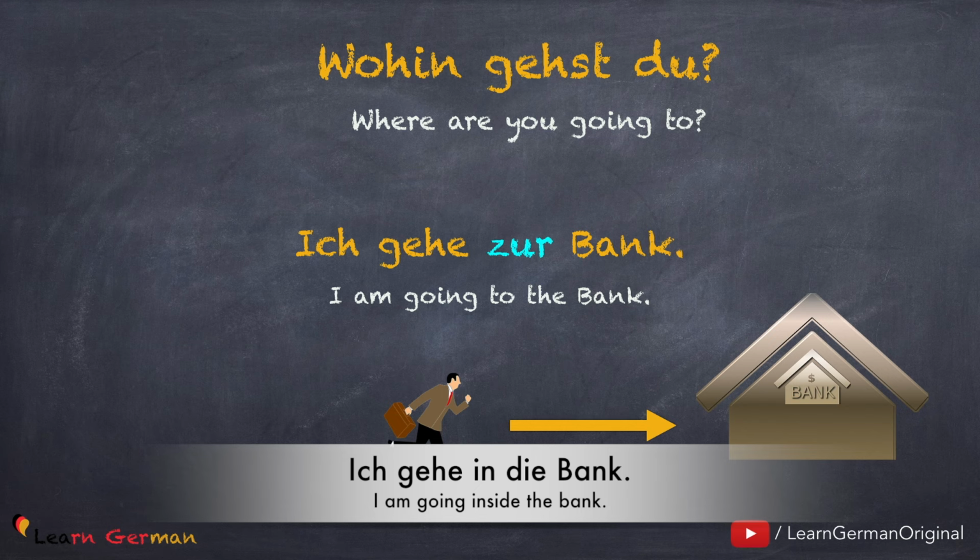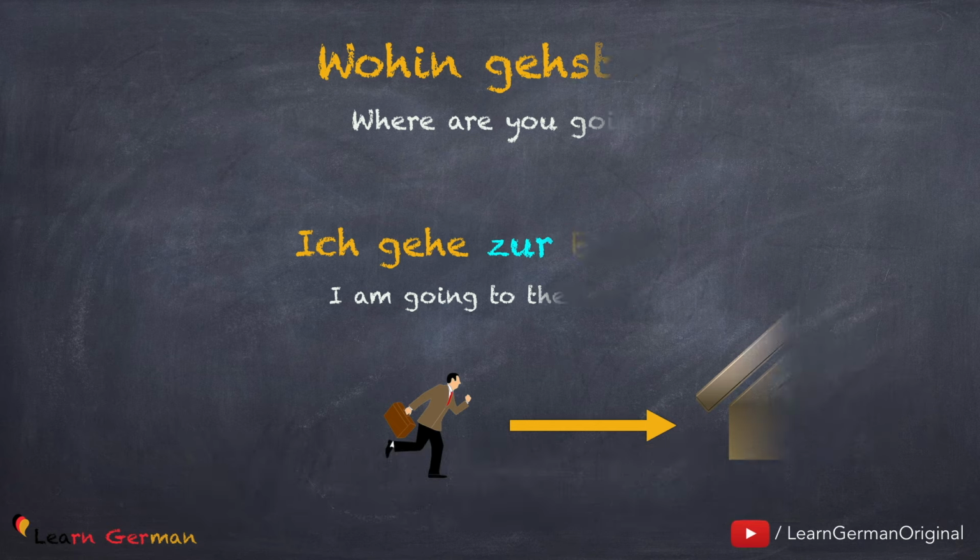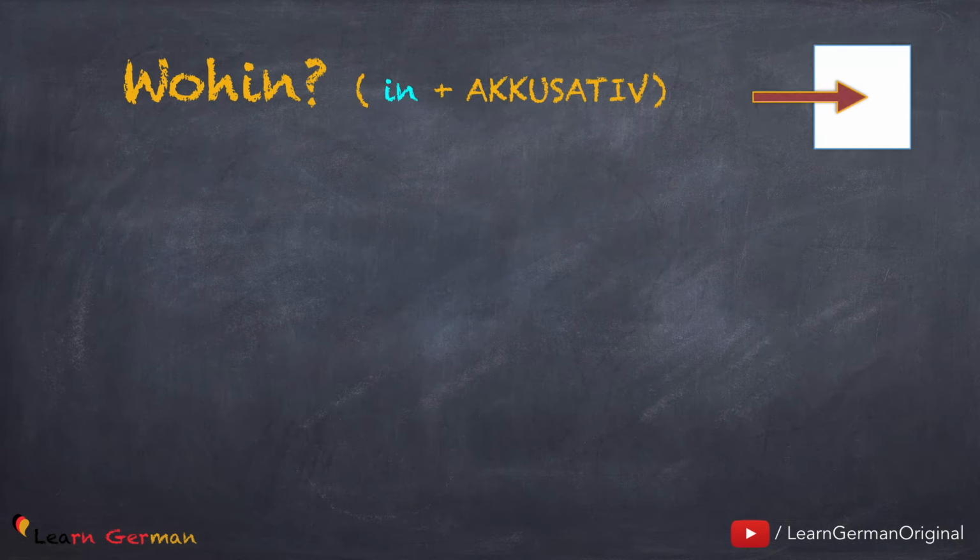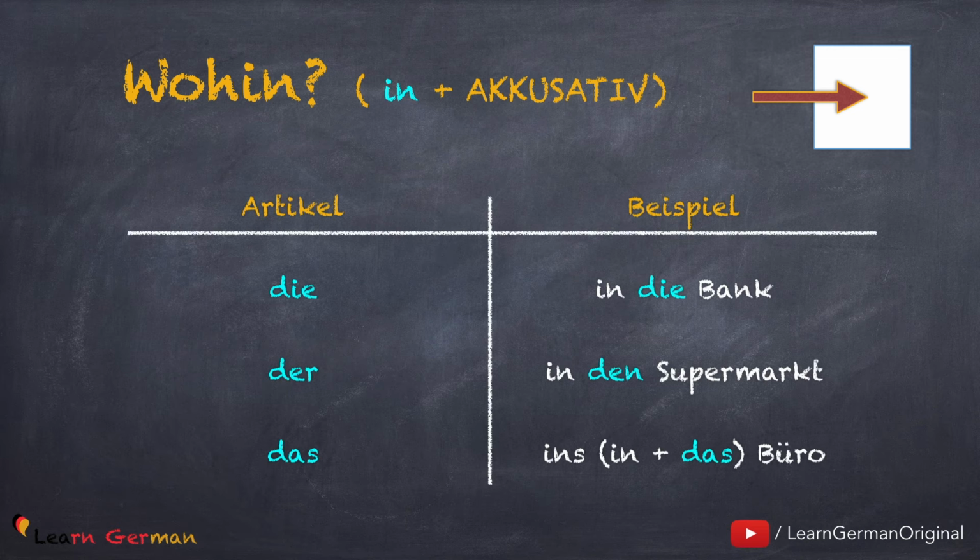Let's try to understand this once again. With the question wohin, the preposition in is used when you are going inside a building. In takes the accusative article. So you would say in die Bank. With the article der, you would say in den Supermarkt.